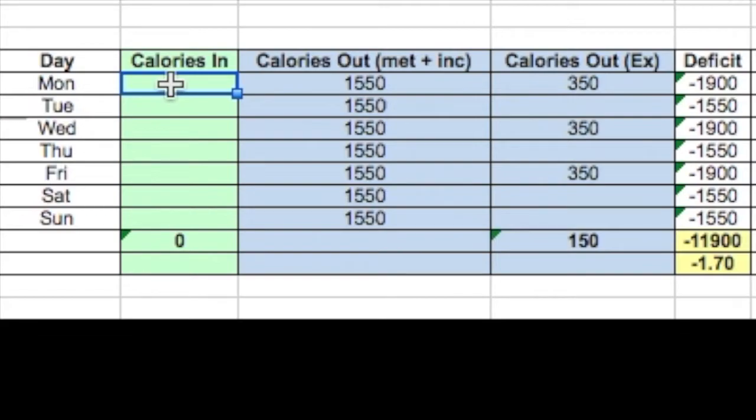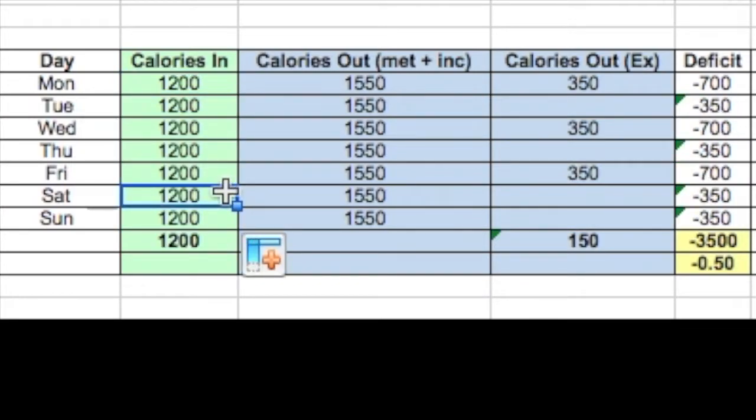So let's just say we are doing everything we need to do, and we're sticking to a really strict plan, and we consume 1,200 calories every single day on the dot. We don't go lower, we don't go higher. It's 1,200 calories every single day. Now, we know we're doing 3 exercise sessions a week. 1, 2, 3.